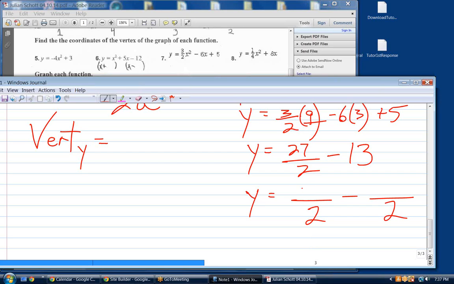What goes here? 27. What goes here? 13. Is 13 halves the same as 13? No. Then it can't be 13.